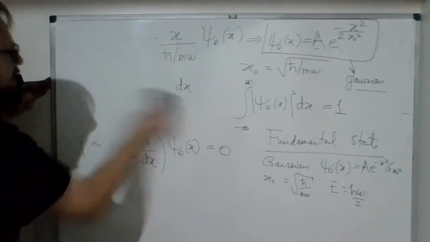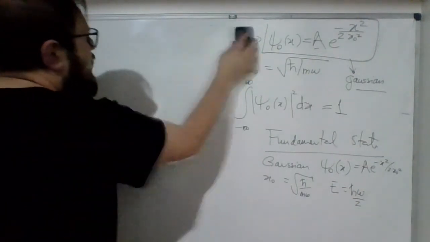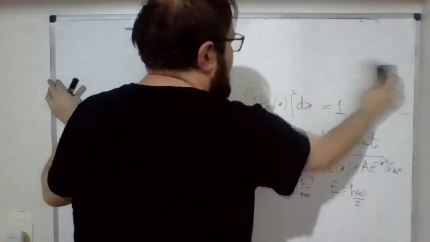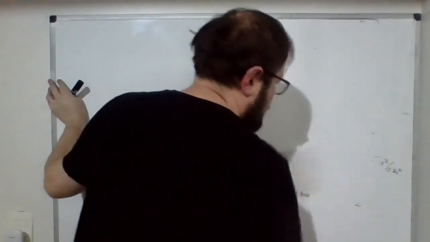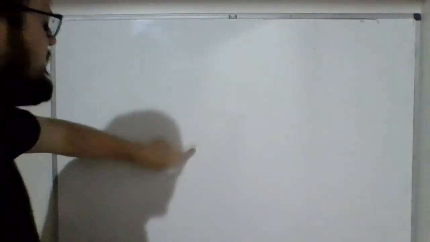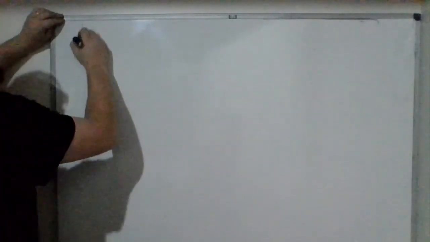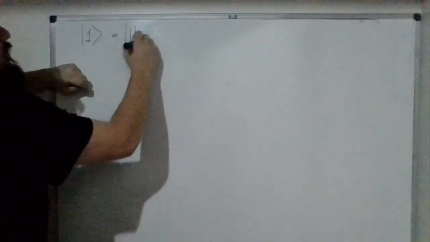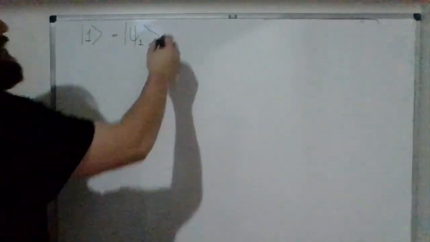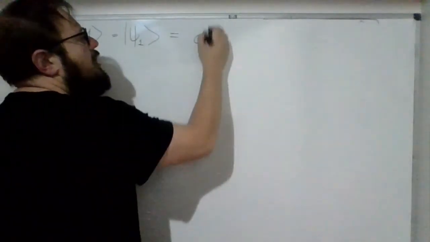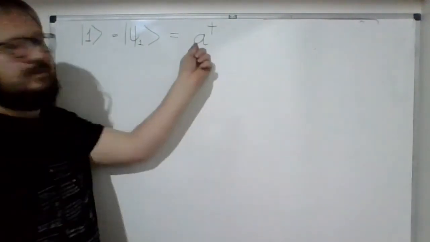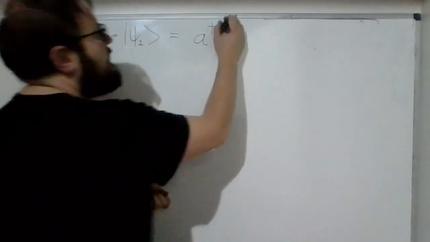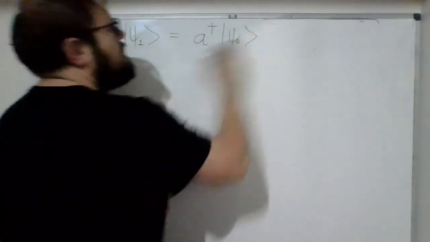Now let us see if we can find out something else from that point. Just remember that. Well, let us try another state, which we will call 1, or if you prefer, psi 1, which corresponds to some operator, the other operator, operating on psi 0 here, all right?